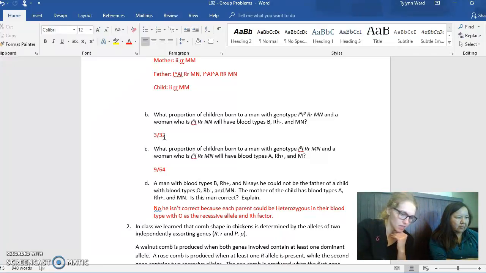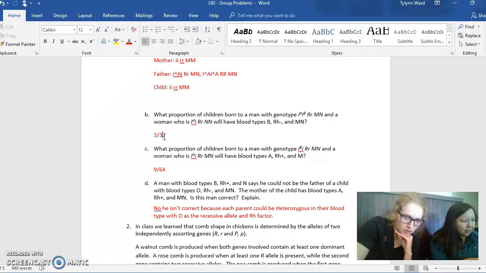Okay, so the next one is asking the same thing, but a cross between IB. So again, it would be 3/4 for the M. To be blood type A, it would be 3/4, right?